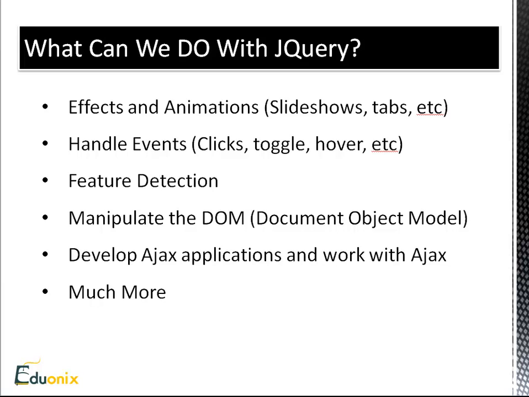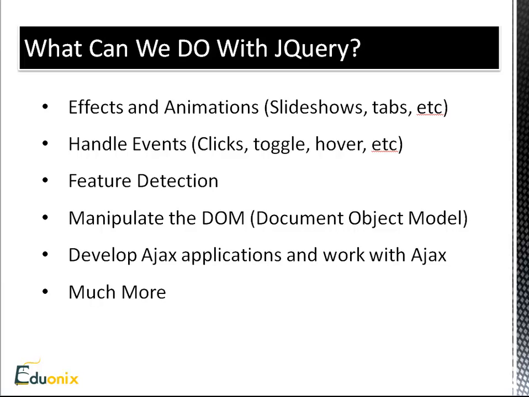jQuery is used to handle events, so clicks, toggles, hovers, mouse up and down, scrolling. We can do all different kinds of things with events. Feature detection, so let's say if we want to use the HTML5 geolocation feature, we can use jQuery to see if that browser can actually handle or support that feature.